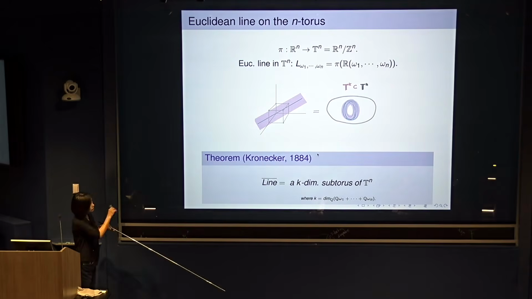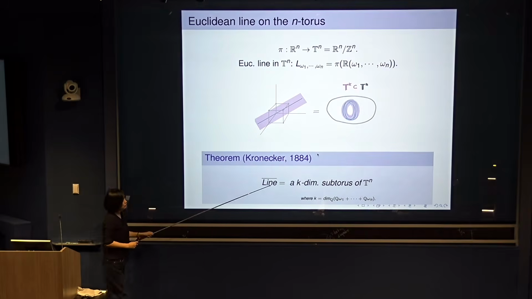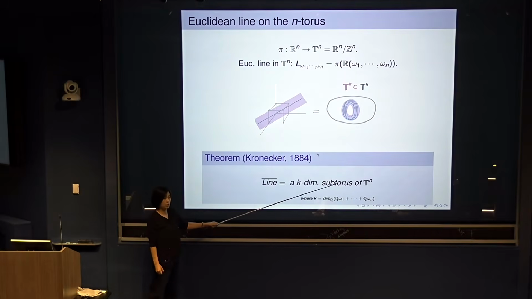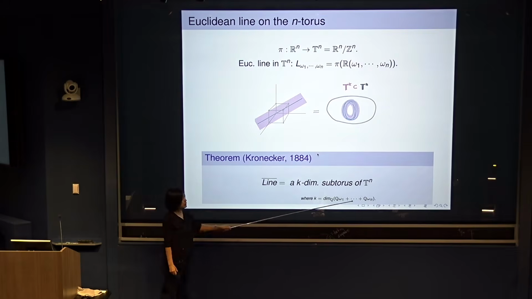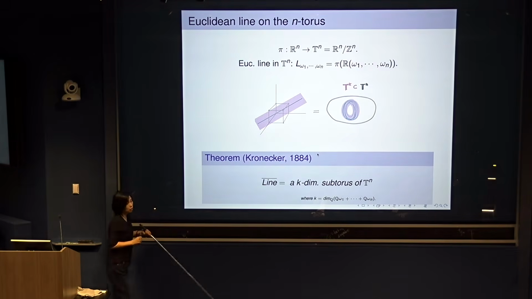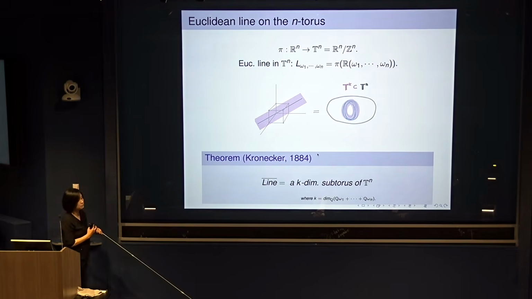That's exactly the Kronecker theorem: the closure of a line is always some subtorus of T to the n. Also, the dimension of this subtorus is exactly the dimension of the Q vector space spanned by the numbers omega 1 to omega n.